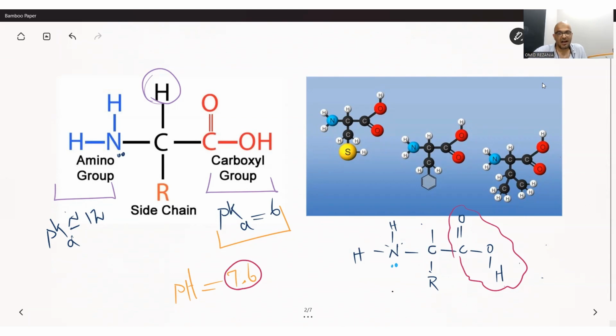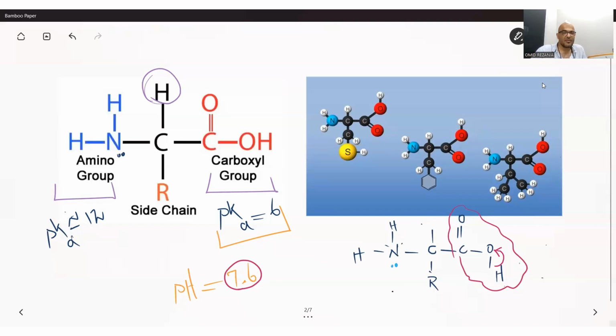But what hydrogen is going to be released? The hydrogen from this hydroxyl group. This hydrogen is going to be pushed away into the solution. The polarity also helps it because it's a polarized bond. That hydrogen is going to leave.